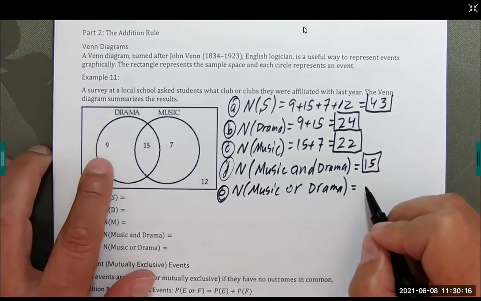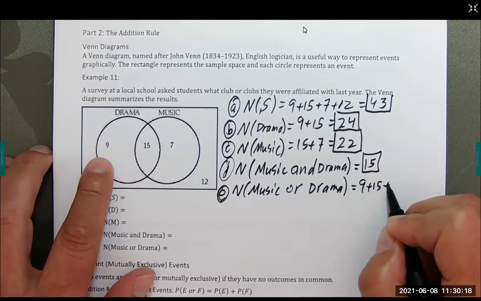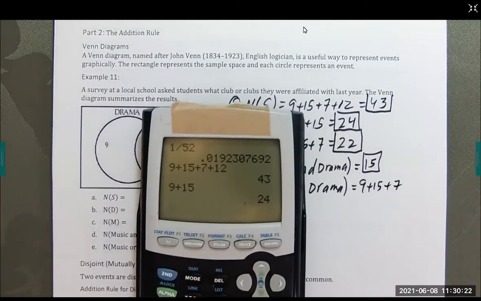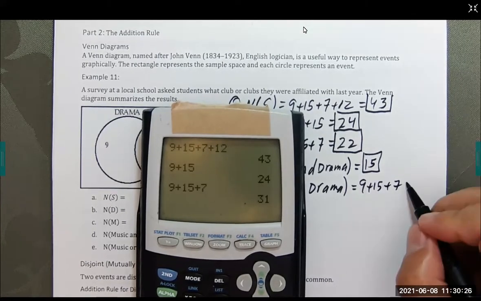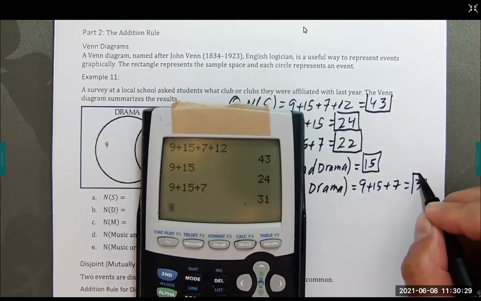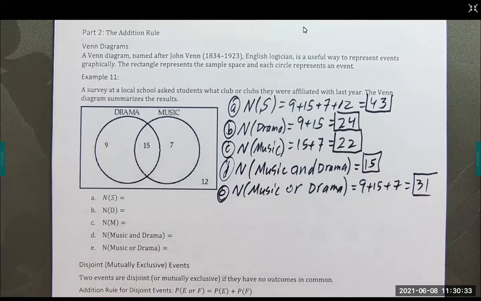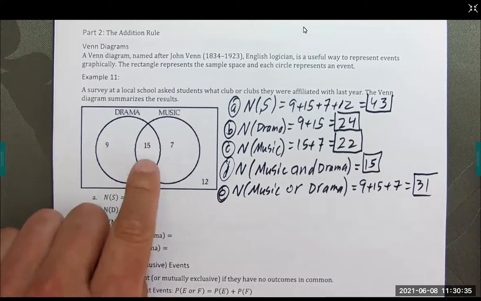That's going to be the 9 plus the 15 plus the 7. Notice I'm not double counting the 15 twice. And we'll talk about that not double counting here in just a few minutes.